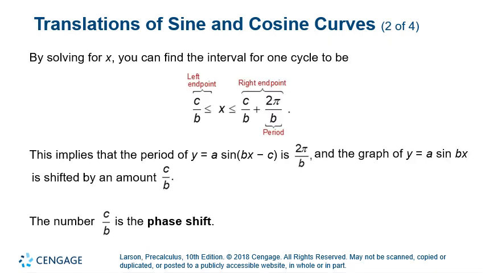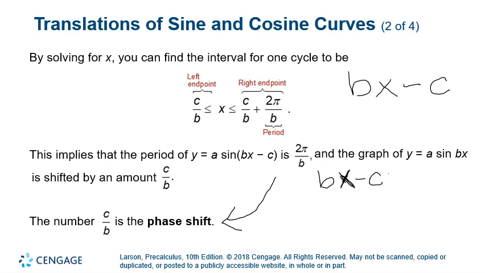Now, if you notice, they have taken that bx minus c and done a little bit of algebraic manipulation. And they've come up with this, which is called the phase shift. And basically what they have done is they have taken bx minus c and set it equal to 0. And then they solved for x.